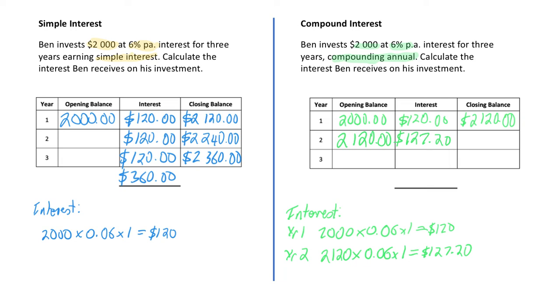So at the end of year 2, the new balance is going to be $2,247.20. So that becomes our opening balance for year 3. And then for our calculation for year 3, again, we've got a new balance. So our interest calculation becomes $2,247.20 times 0.06 times 1, because we're still only doing 1 year at a time.